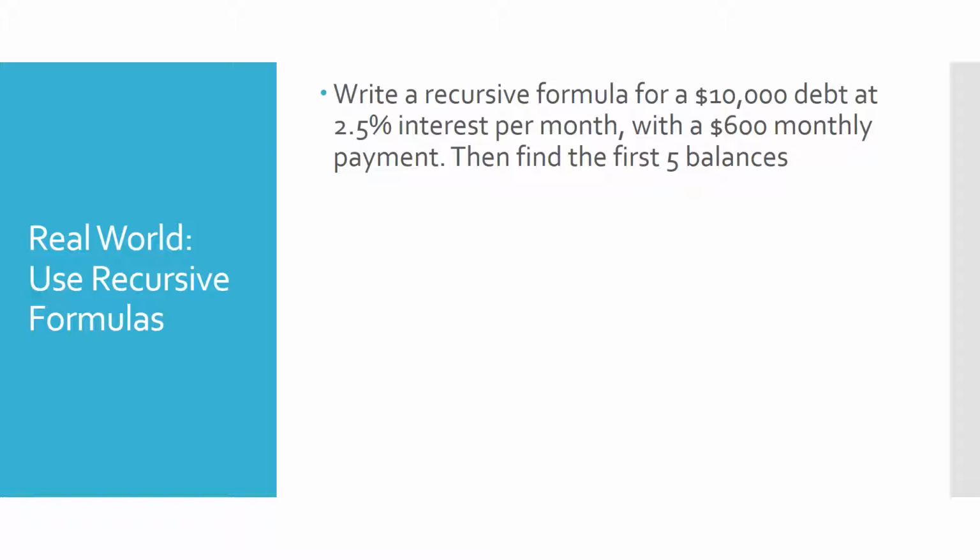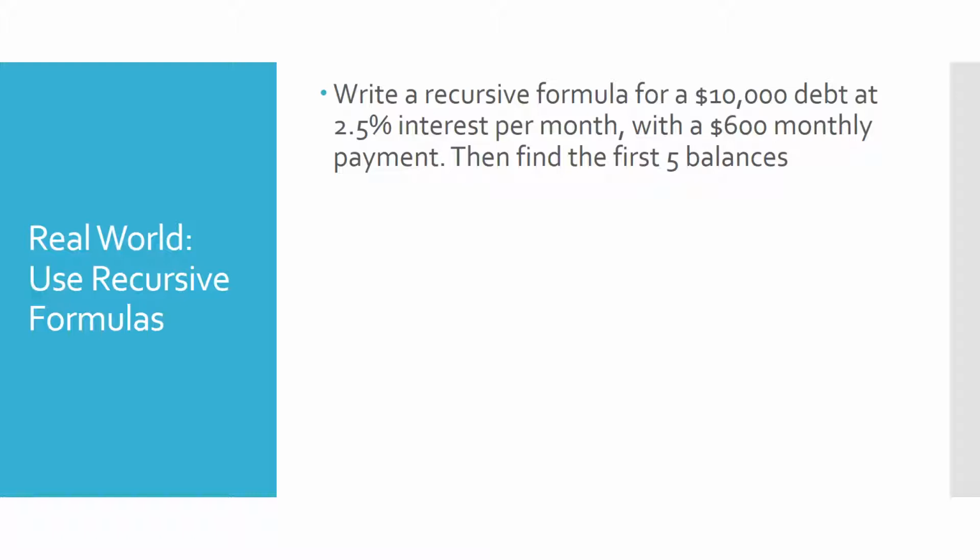Well, he starts off at $10,000. I guess first we ought to write this recursive formula. Now, one of the things about interest rates, if you're given an interest rate expressed in a percent in a financial calculation, I can express that as a common ratio by taking that interest rate, converting it into a decimal, and adding it to 1.